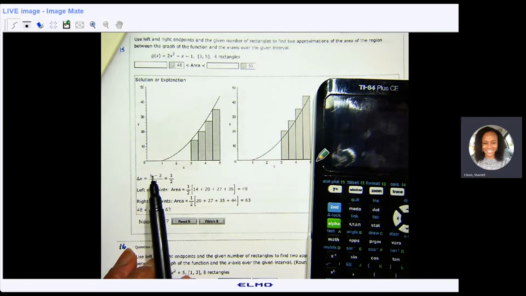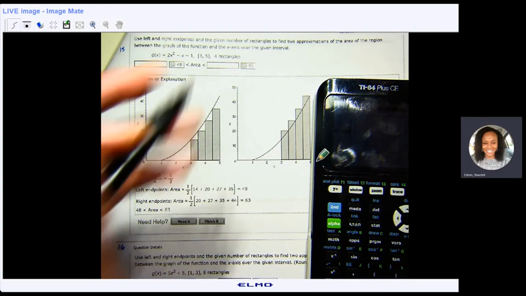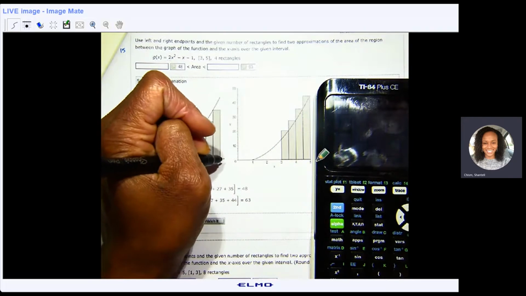We said delta x is equal to the endpoint b minus a over n, and n is just the number of rectangles, the number of subintervals.